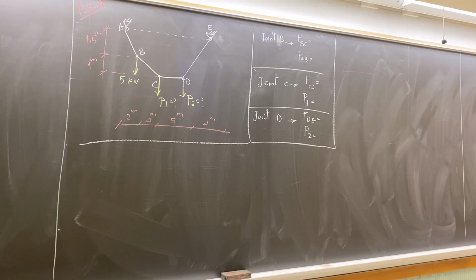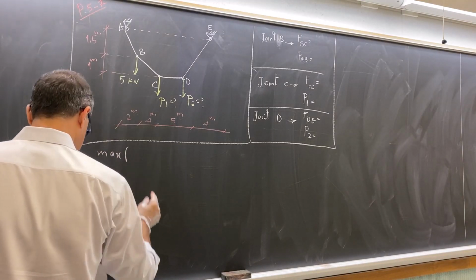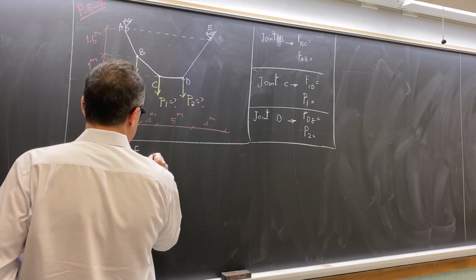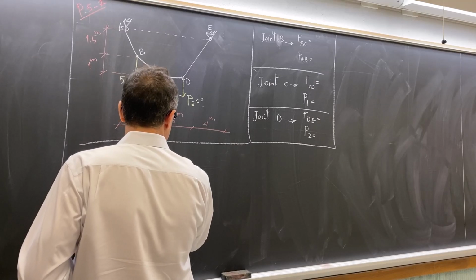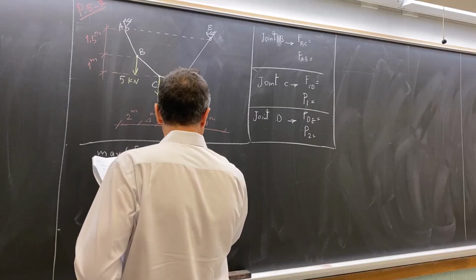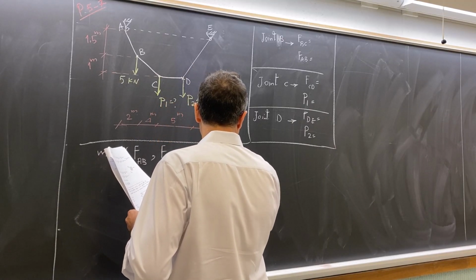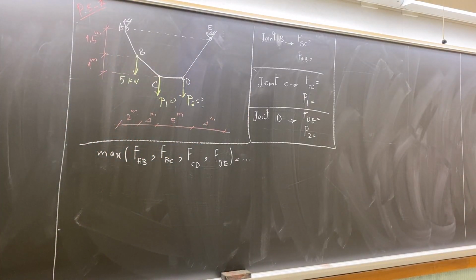To find the maximum among them, we find the maximum of the force for segment AB, segment BC, segment CD, and DE. That would be the answer. But keep in mind that the force is different in different segments.